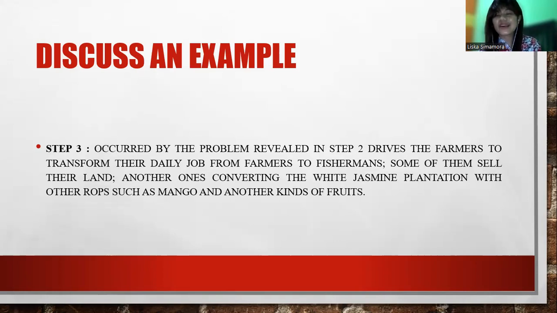Some of them sell their land because that land is no longer productive, as it is not suitable to grow white jasmine. Another group converts the white jasmine plantation to other crops such as mango and other fruits, because those crops are more resistant to the salination level.